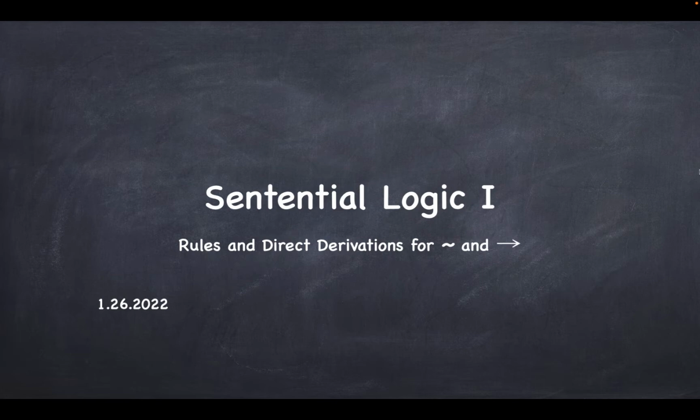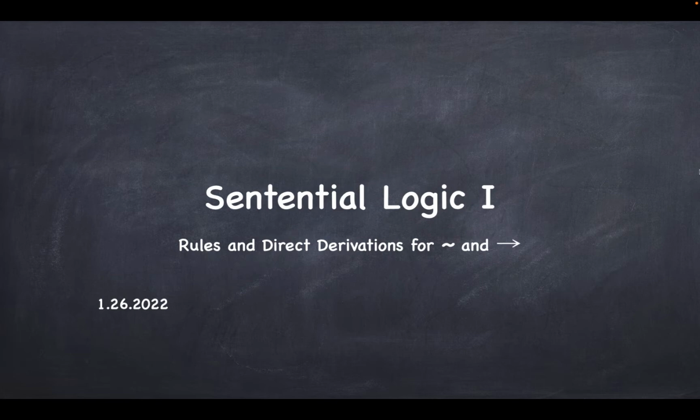For now, though, we're going to go ahead and talk about our first inference rules in sentential logic, which are going to be pretty foundational to a lot of the rest of what we'll be doing through the semester.